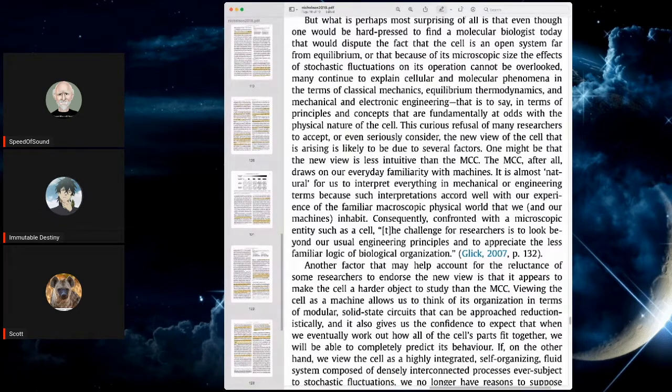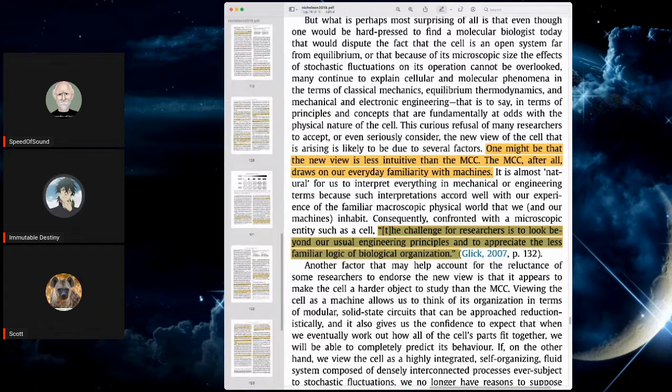One might be that the new view is less intuitive than the MCC. The MCC, after all, draws on our everyday familiarity with machines. It is almost natural for us to interpret everything in mechanical or engineering terms, because such interpretations accord well with our experience of the familiar macroscopic physical world that we and our machines inhabit.